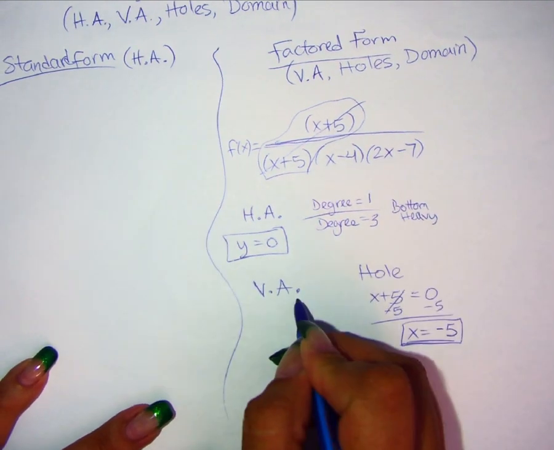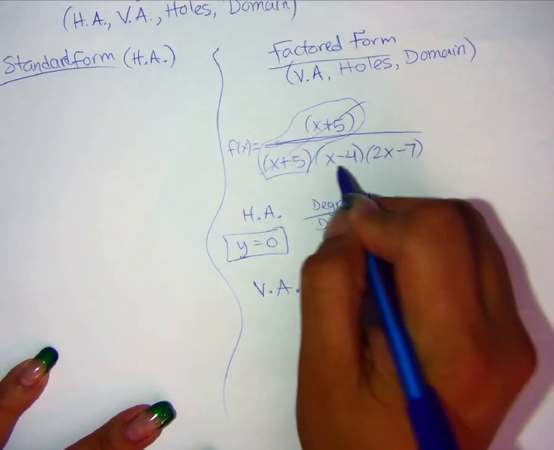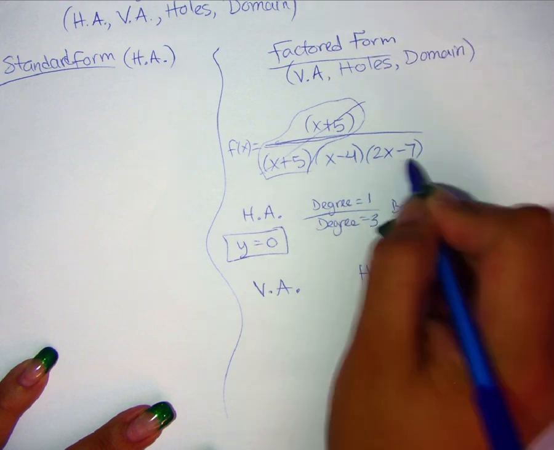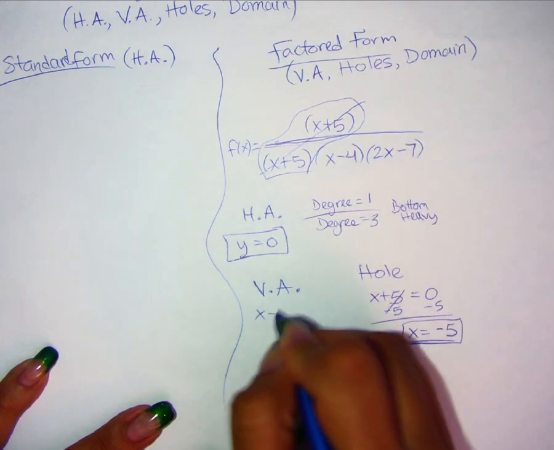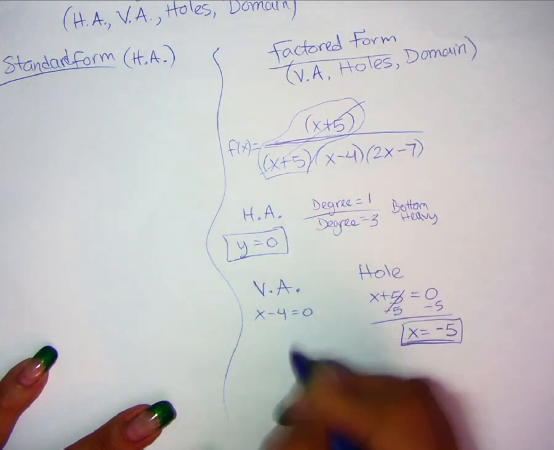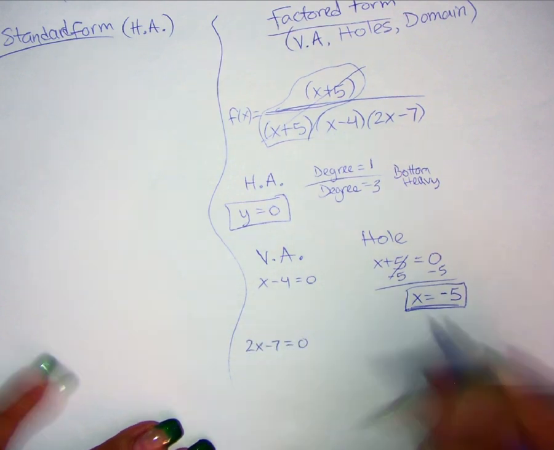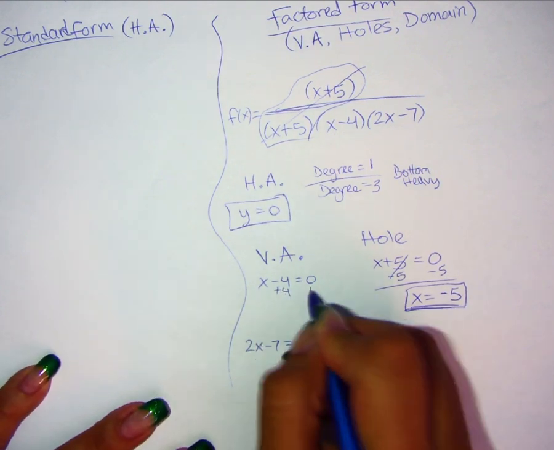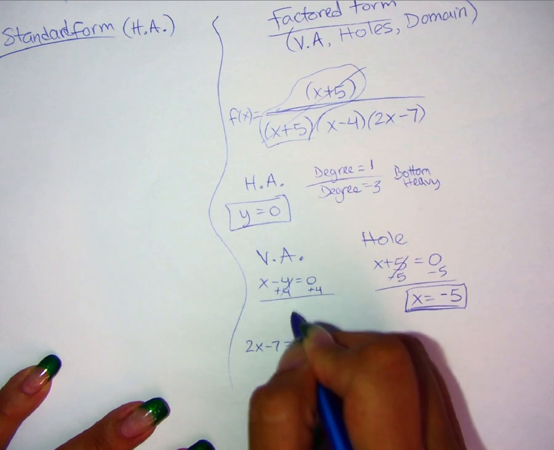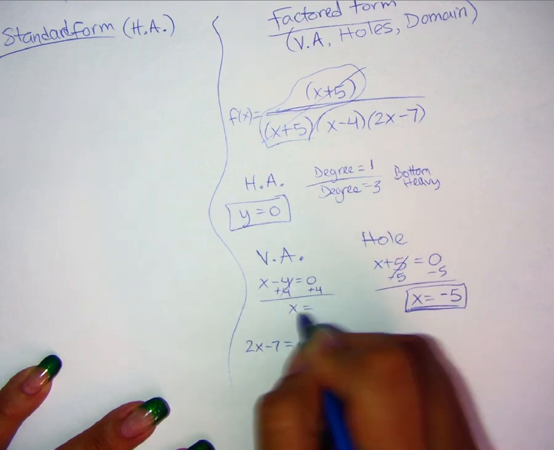The VA, vertical asymptote, can be found with the other factors that are left in the denominator. So we're going to have x minus 4 equals 0, and 2x minus 7 equals 0. We're going to add 4 to both sides. One vertical asymptote will be x equals 4.